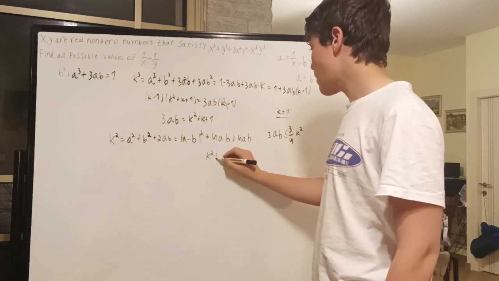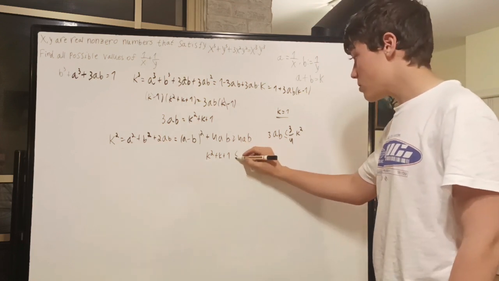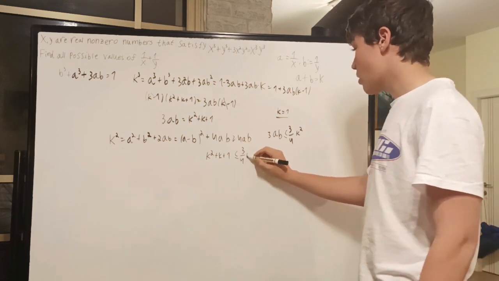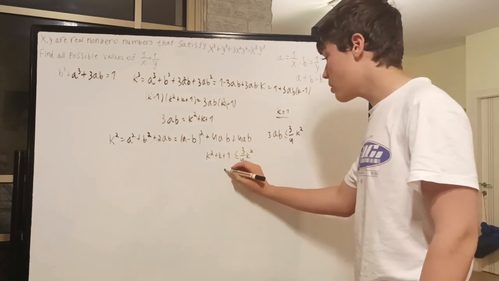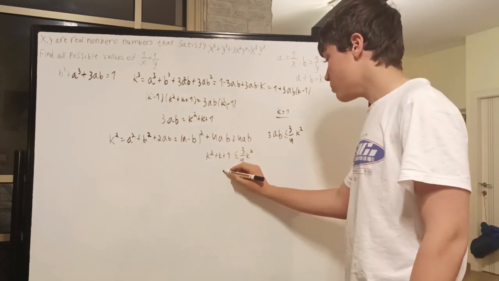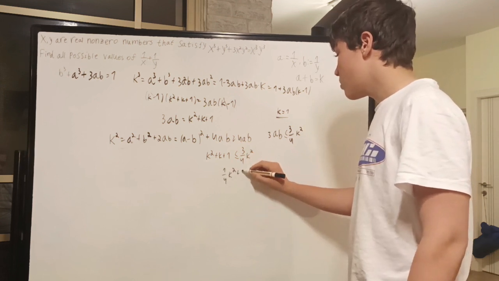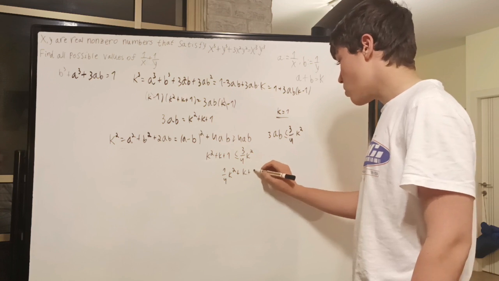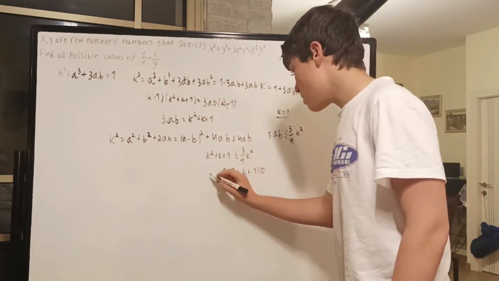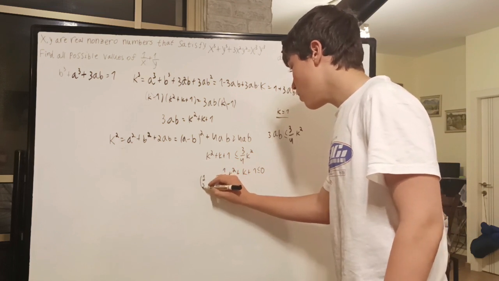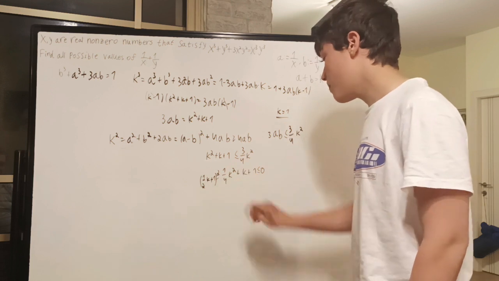So now I will plug this in here and we'll see what we get. So we have k squared plus k plus 1, which is equal to 3ab, smaller than or equal to 3/4 k squared. Now we'll move this to the other side, and we have 1/4 k squared plus k plus 1 smaller than or equal to 0. But this is actually (1/2 k plus 1) squared.